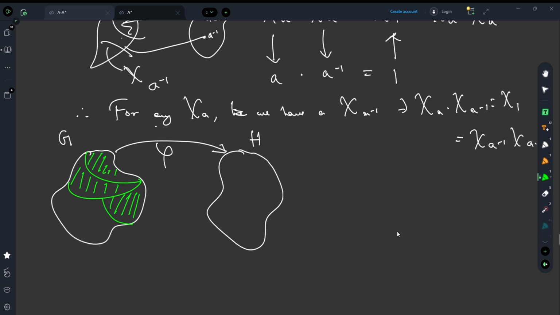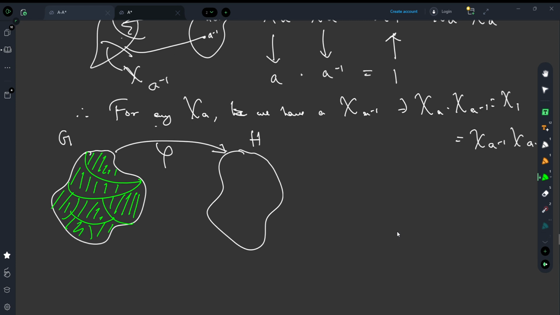I collect those elements which get projected to a single point in H. Got it? So I consider the collection of each of these fibers, that forms a group.